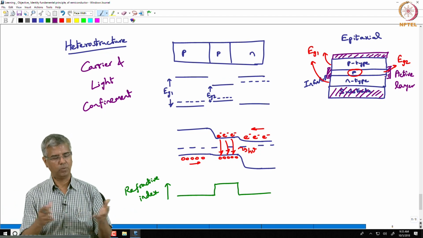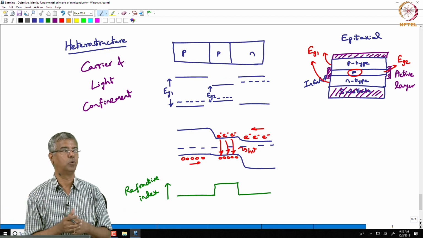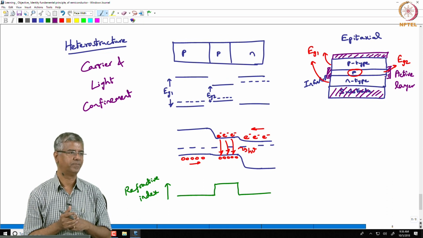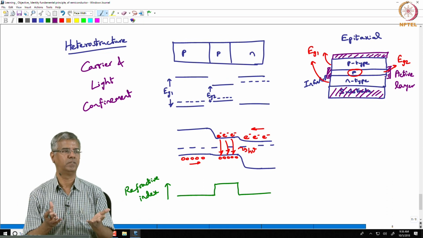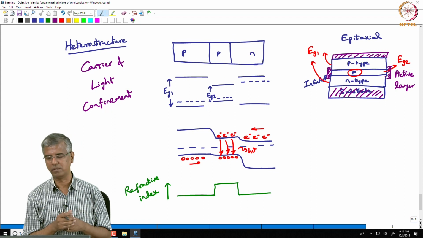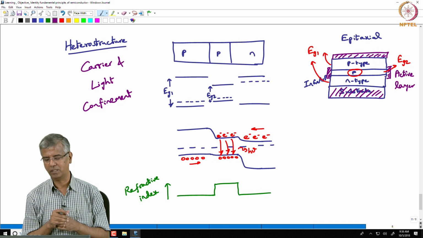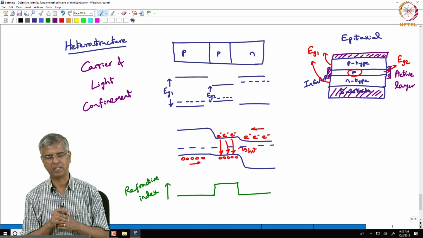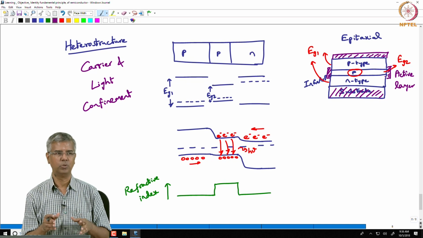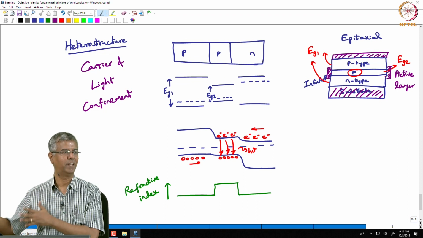So with one of these you can get thousands of devices, literally. One processing run like this, you can get thousands of devices, and that's the beauty of semiconductor processing. You don't have to do one cavity after another cavity.